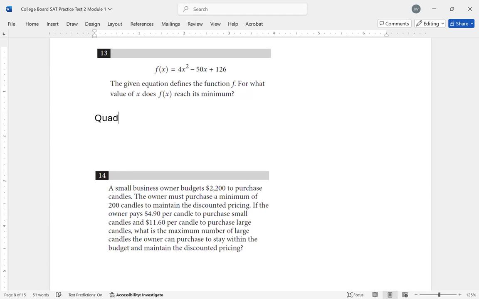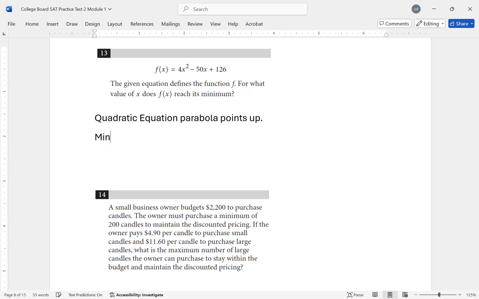Since this is a quadratic equation, the minimum point or the maximum point is going to happen at the vertex. The 4 in front of the x squared is positive, so I know that the parabola is going to point up. And so the minimum happens at the vertex.